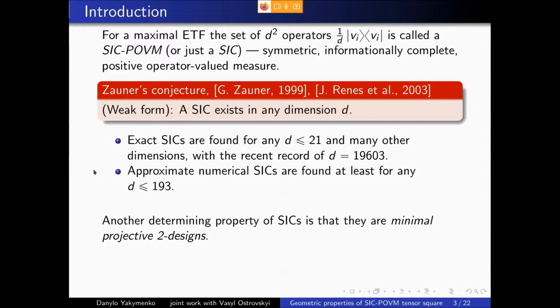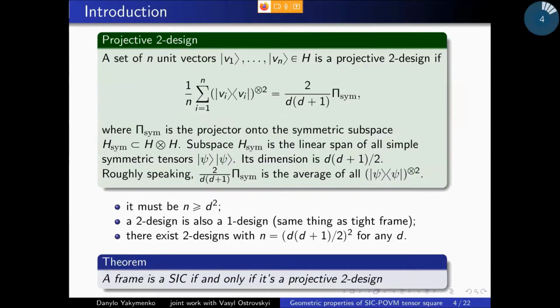Right, and another interesting, which is also a determining property of SICs, is that they are in fact what is called minimal complex projective two-designs. What does this mean? A complex projective two-design is a set of unit vectors such that the following holds, where this is just a sum of tensor squares of projectors, right?